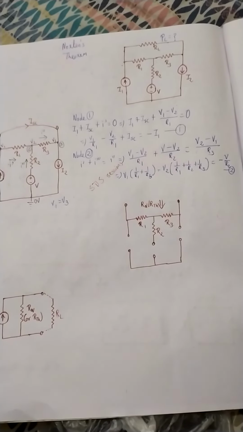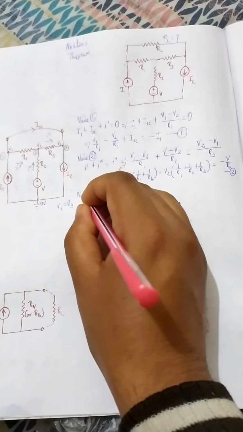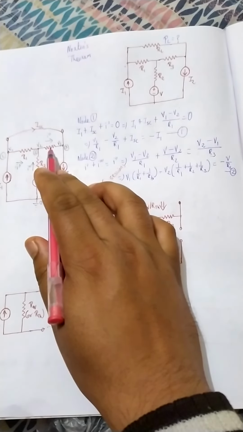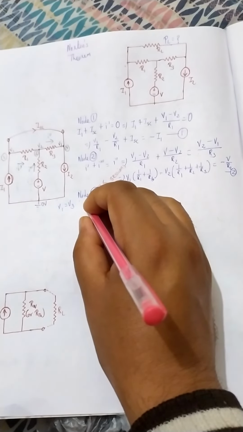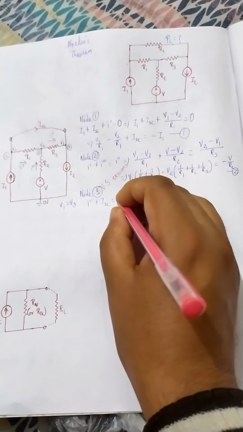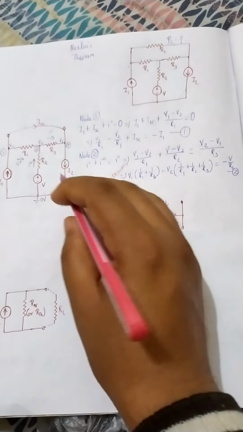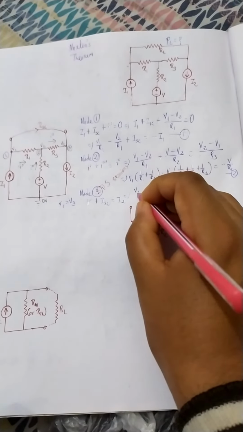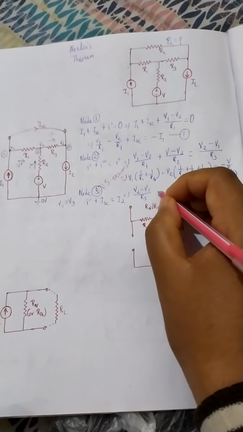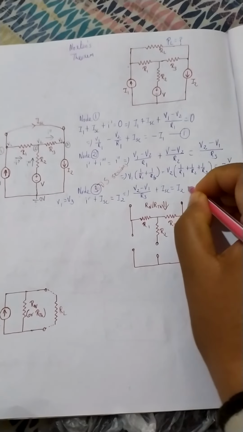Now for node 3, we have I double dash plus ISC equal to I2. Putting in the values, I double dash is (V2 minus V1) by R3, plus ISC equal to I2.